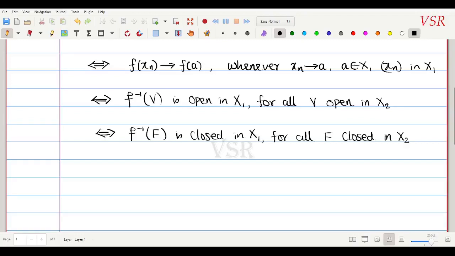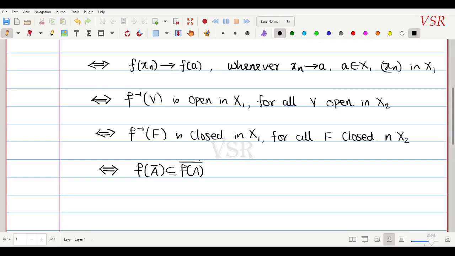Okay, இது inverse image of open set is open, இது inverse image of closed set is closed. And another condition is that f of A closure, which is a subset of f of A the whole closure.